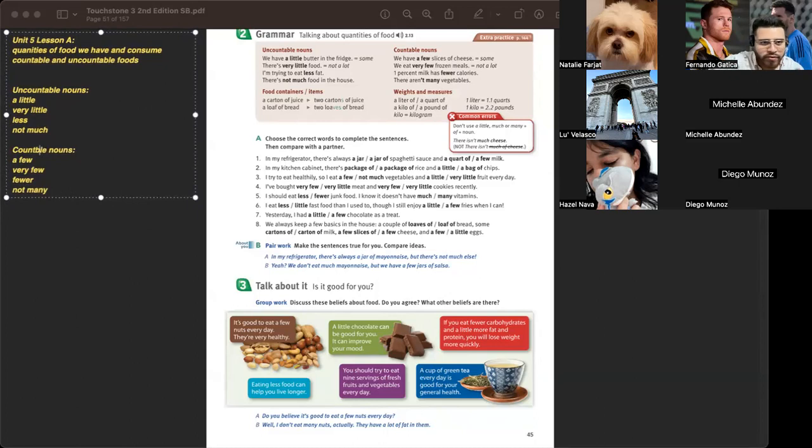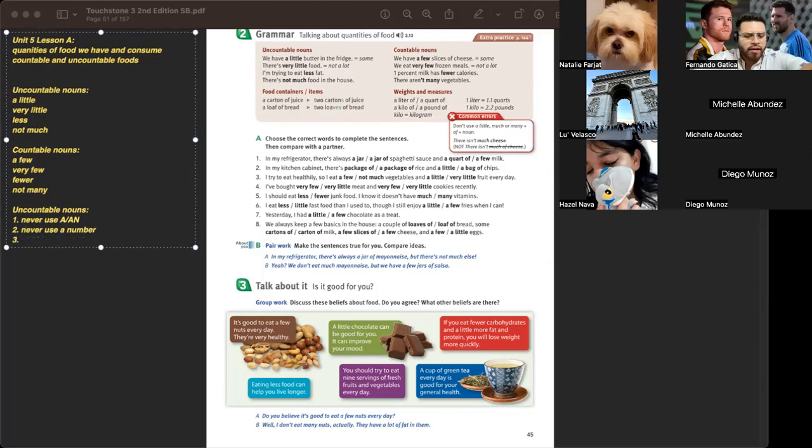Oh yeah, I spelled this wrong. Countable nouns. Remember, uncountable nouns: one, never use a or an. Two, never use a number.